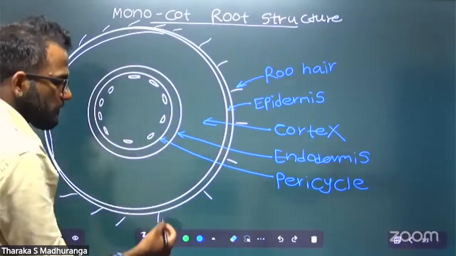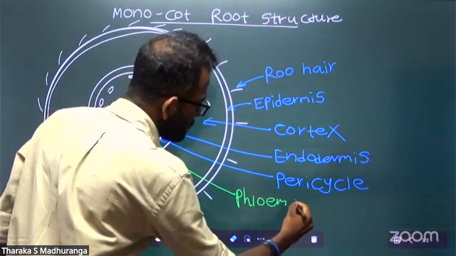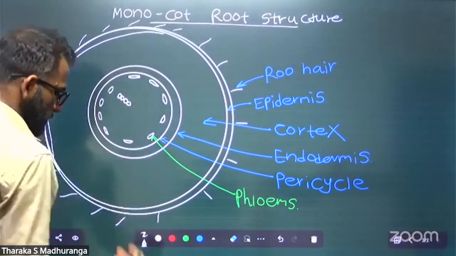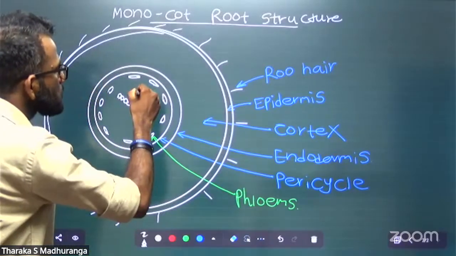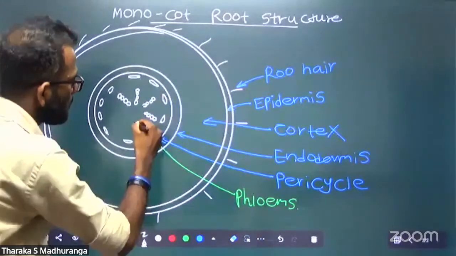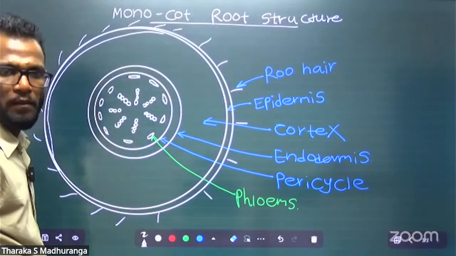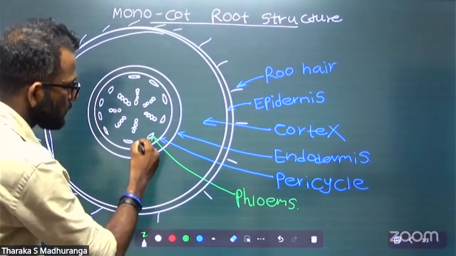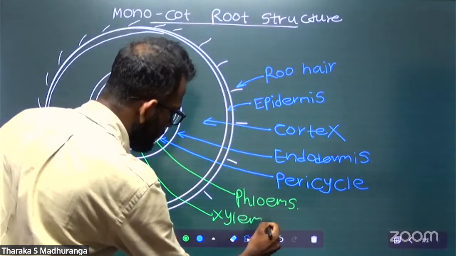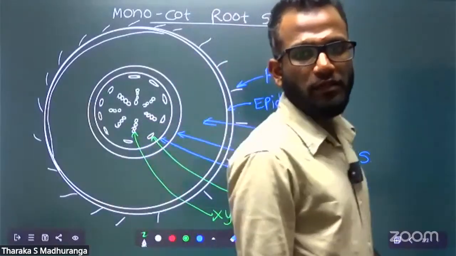They are the phloems. Phloem tissue. Then they are the xylems. Okay, that's all.